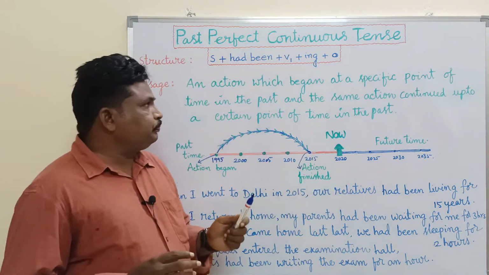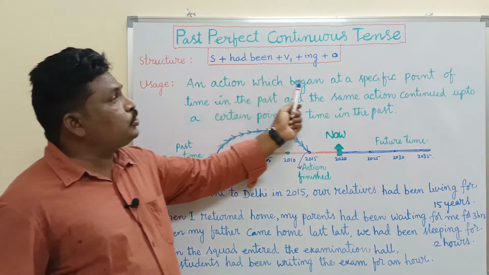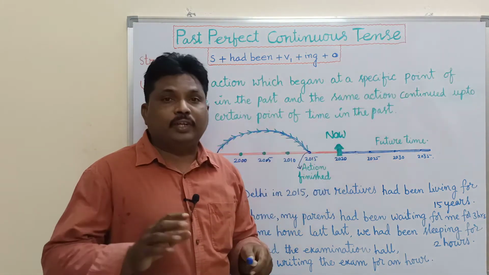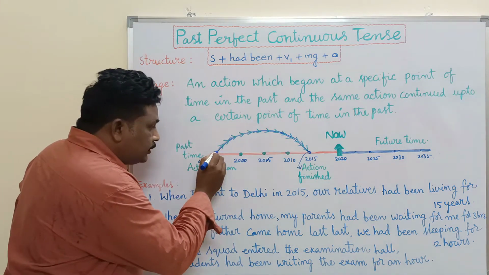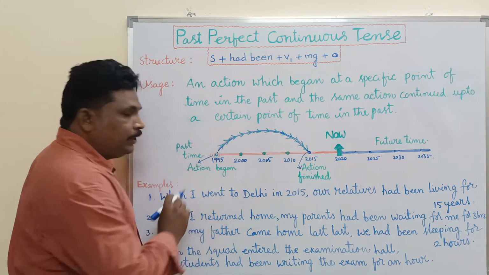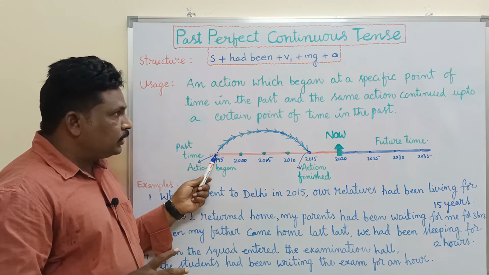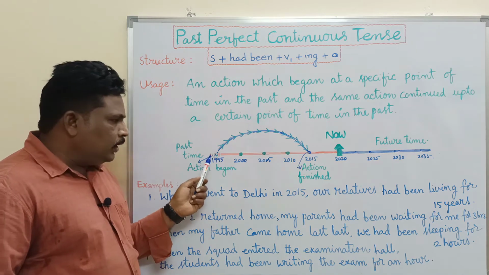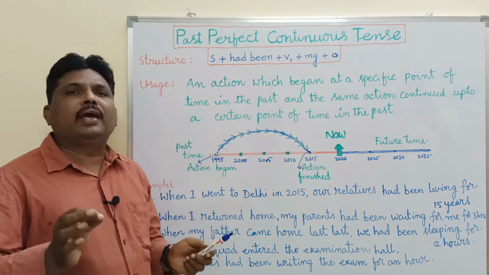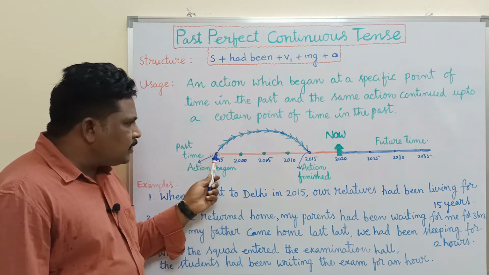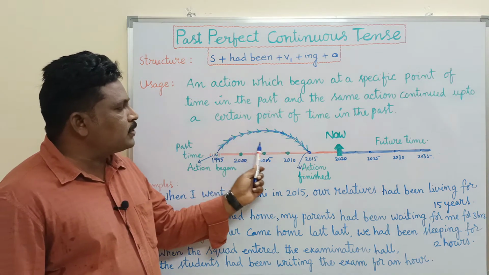Okay, imagine an action which began at a specific point of time. I take this point, this is the point where an action began. Imagine in the year 1995 an action began and the same action continued for some years.